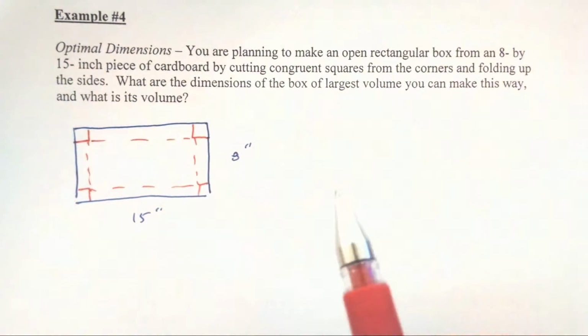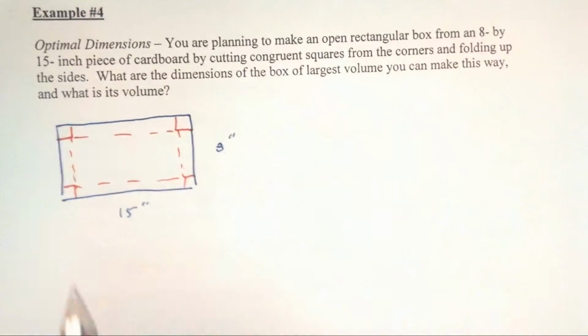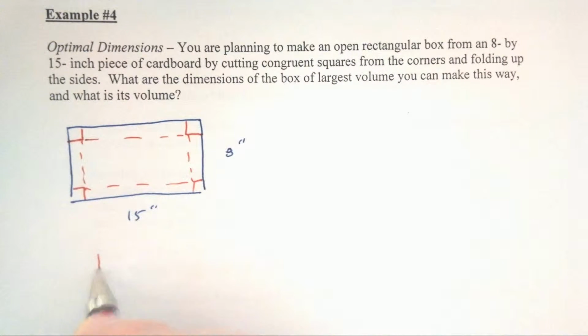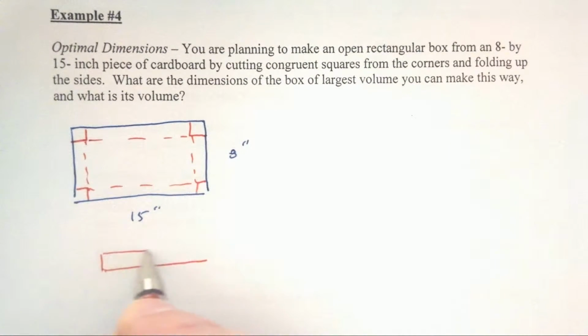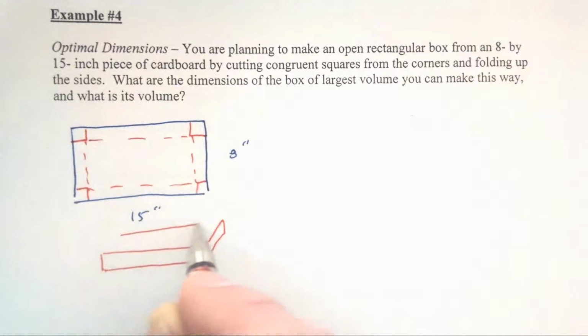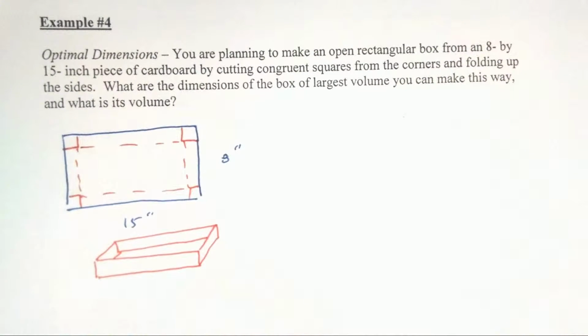So you get a pretty good feel for what's going on here. And our box, if we looked at it, would be box-like. We'd have something like that. So then it asks, what are the dimensions of the box of greatest volume?